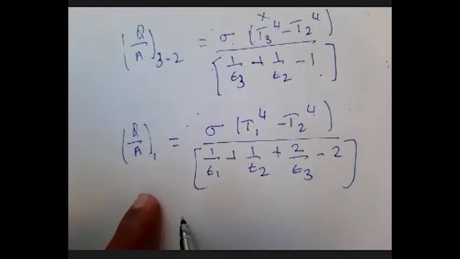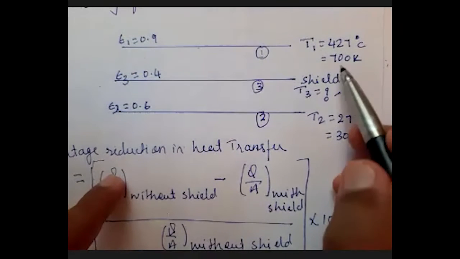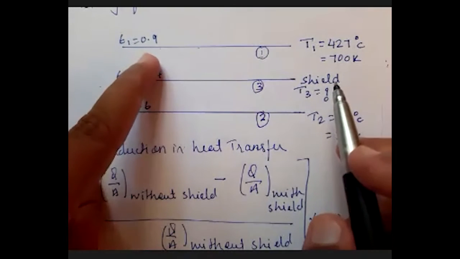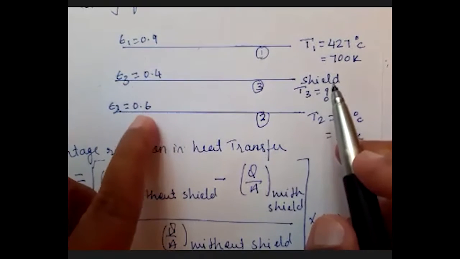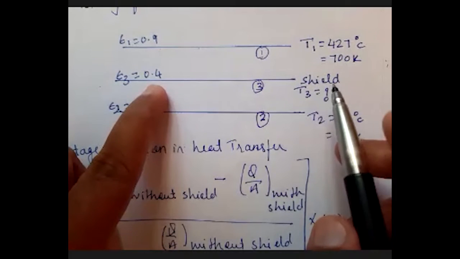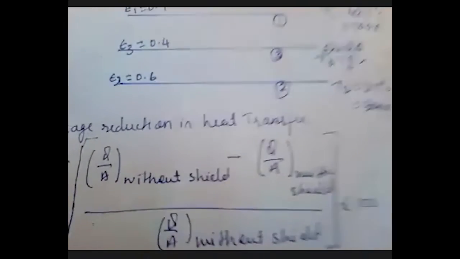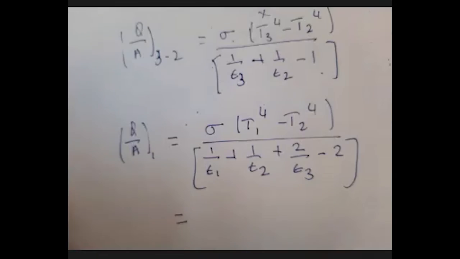I know from the problem T1 is 700 Kelvin, T2 300 Kelvin, emissivity 1 is 0.9, emissivity 2 is 0.6, emissivity 3 is 0.4, and everything is known in this problem.